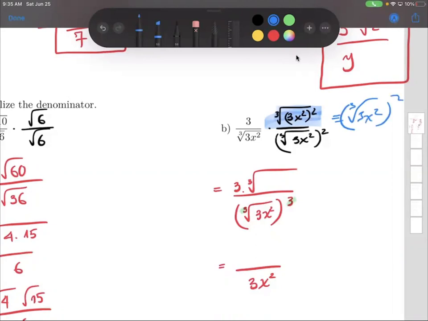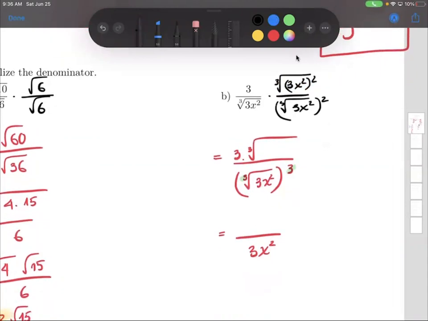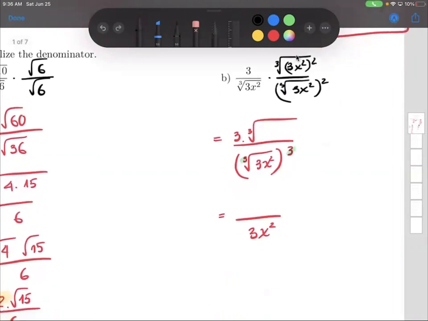It's 2 different ways of writing the same thing, all right? Because sometimes I write a little bit different. All right, so distribute the power. So 3 squared is 9. And then x squared squared is x to the 4.